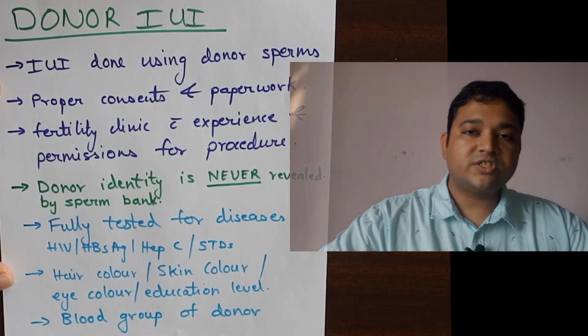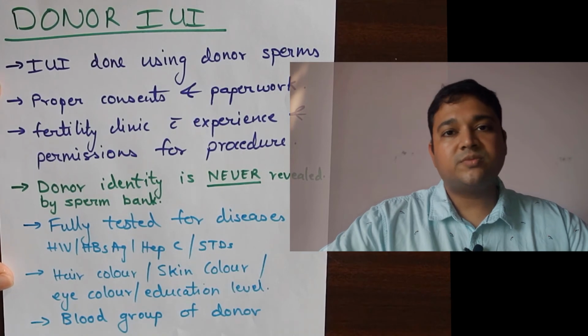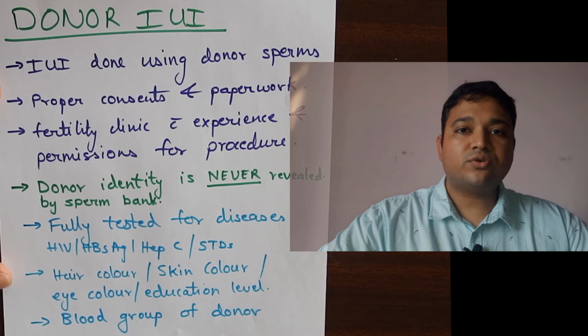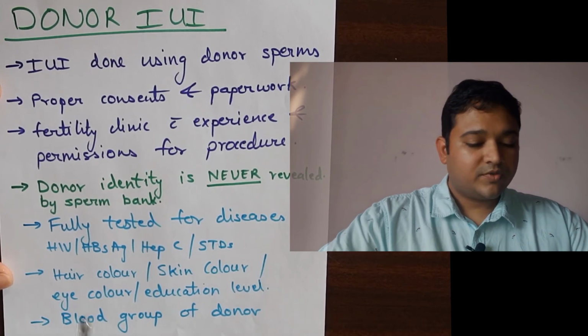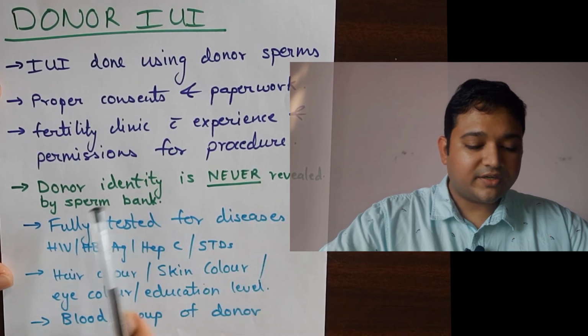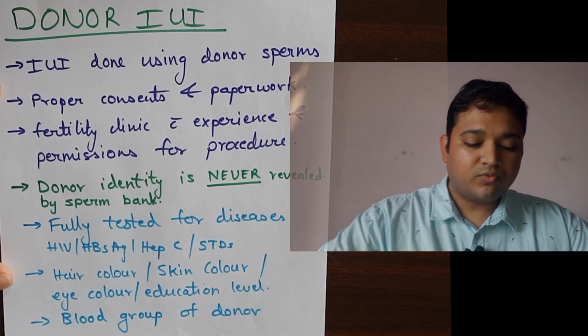Now, where does donor sperm come from? Donor sperms normally come from certified donor banks, which are also called ART banks. It is important to note that the donor identity is never revealed by the sperm bank. So, what is revealed?